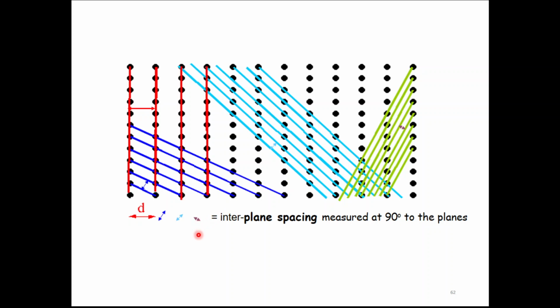So this is the first step to define and construct a reciprocal space mathematically or theoretically. All these things mean interplanar spacing measured at a 90-degree angle to the planes, and of course they should be measured at a 90-degree angle.